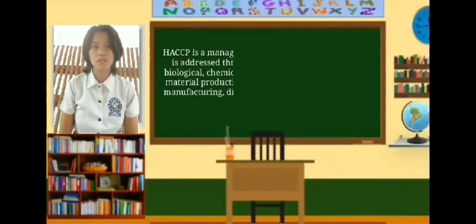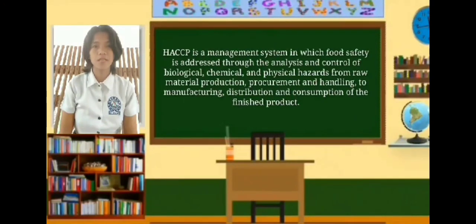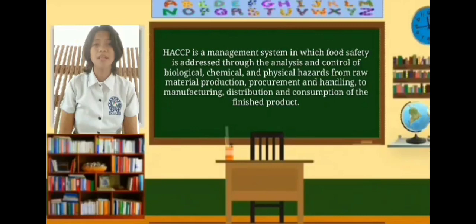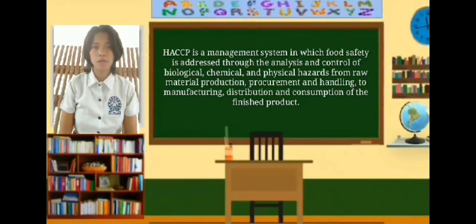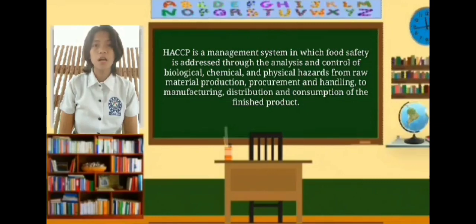HACCP is a management system in which food safety is addressed through the analysis and control of biological, chemical, and physical hazards from raw materials, production, procurement, and handling to manufacturing, distribution, and consumption of the finished product.